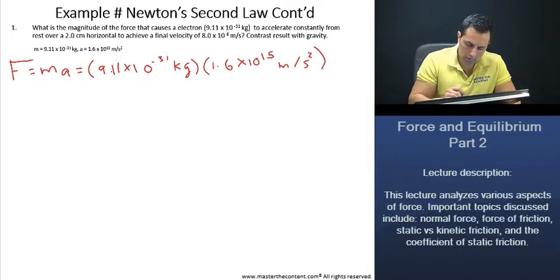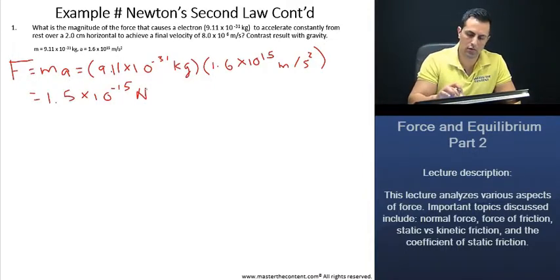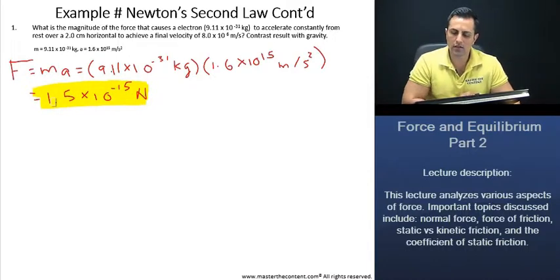Wonderful. And once you equate this, you're going to get a value of 1.5 times 10 to the power of negative 15 newtons. Wonderful. Now, are we done? No, we're not done. Right now, we just found the magnitude of the force that causes the electron to accelerate constantly over that 2 centimeter horizontal.